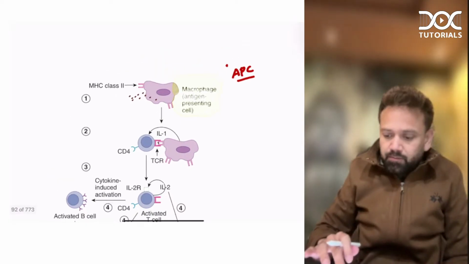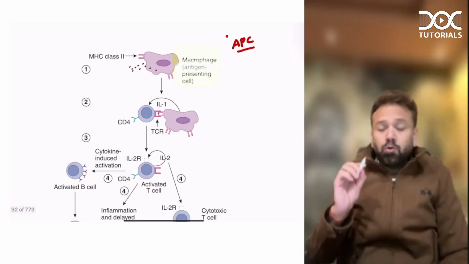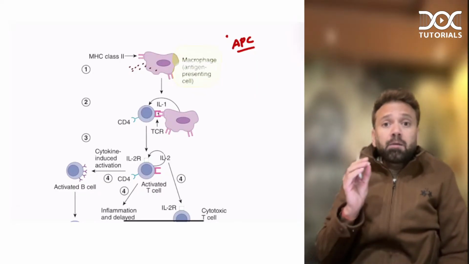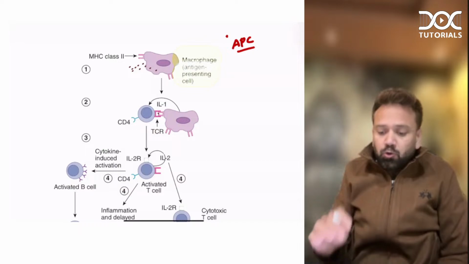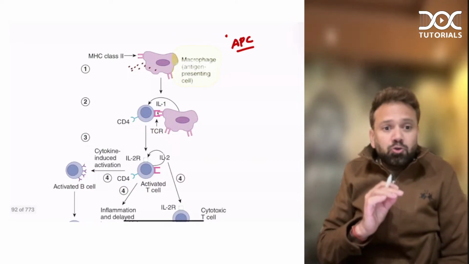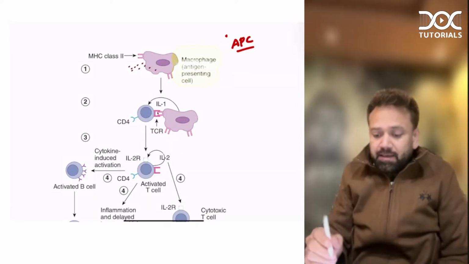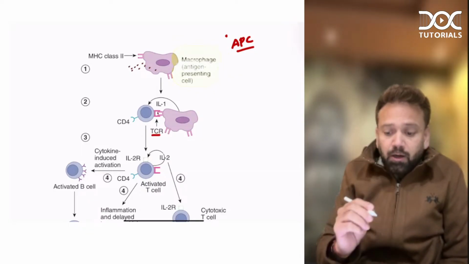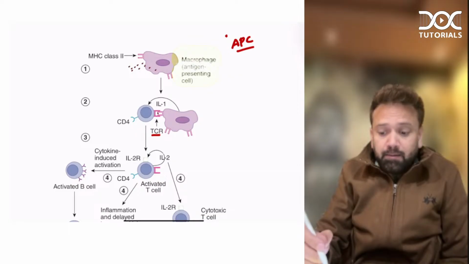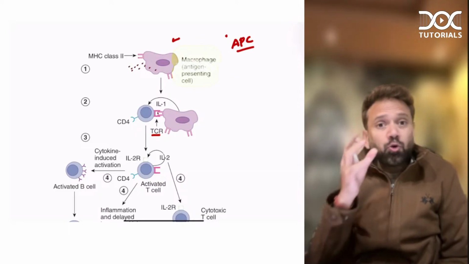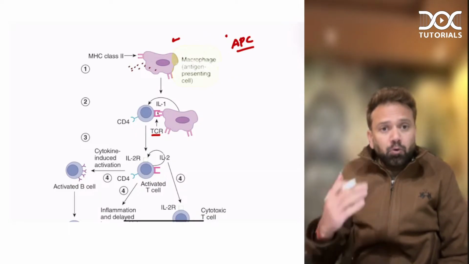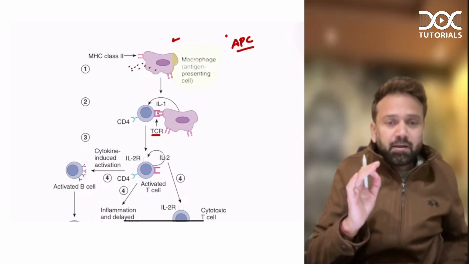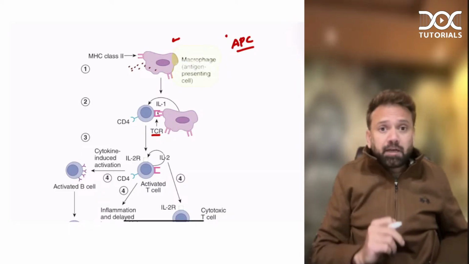This diagram is clear? Okay. So macrophages are going to present antigen to whom? T lymphocytes. T lymphocytes have the T cell receptor, TCR. So first of all, the antigen presenting cell, the macrophage, will catch hold of this antigen and will go to the T lymphocyte. And how will it recognize the T lymphocyte?